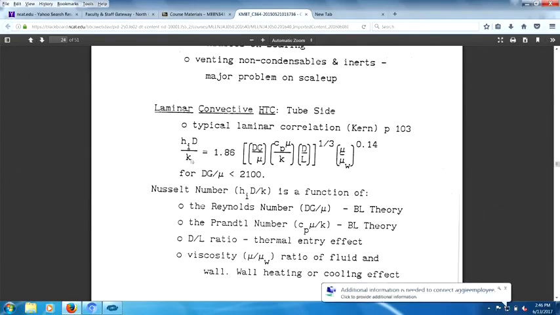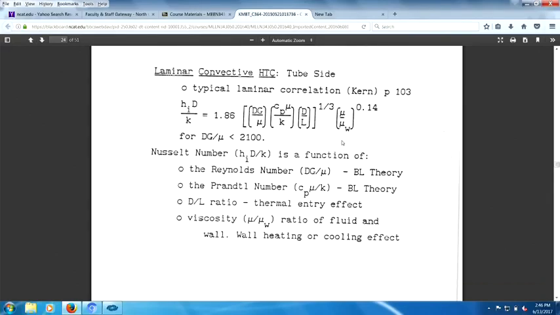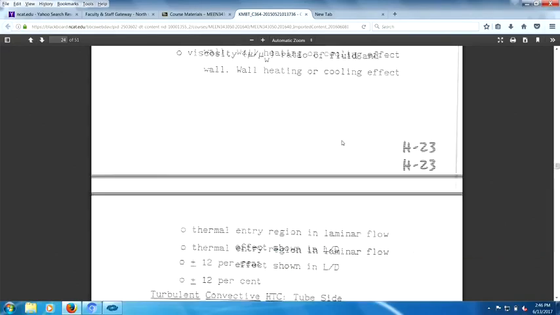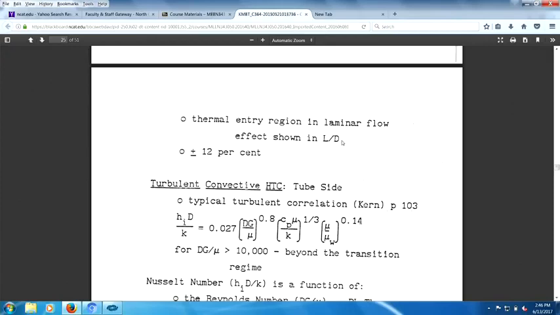Second thing is you have a D over L effect, which does not appear in turbulent flow. And you have this viscosity ratio that is practically worthless to calculate, if you wish. If not, that's fine too. Calculations maybe plus or minus 12%. I don't think it's that good. It could be even worse.